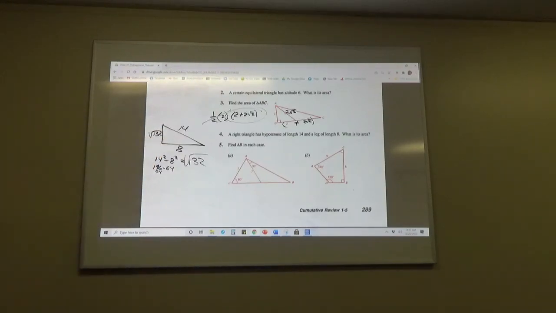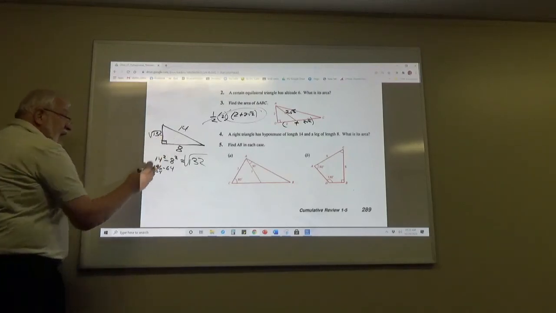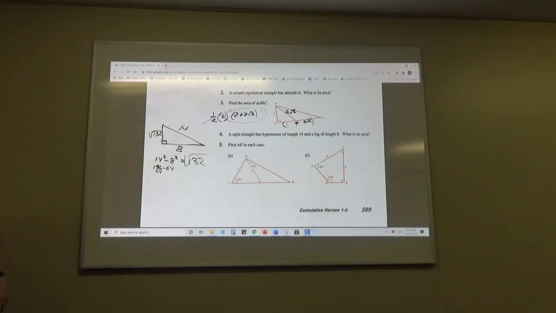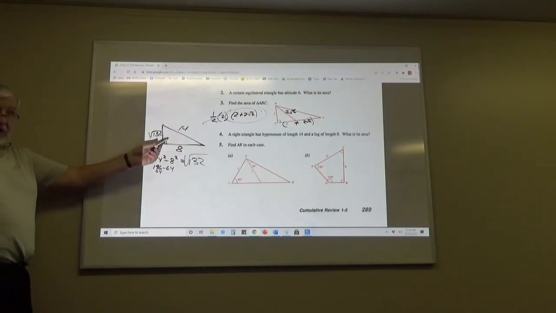Get that? Now that I've got that, how do you find the area of that right triangle? It's 1/2 which two numbers? I want the area of this triangle.